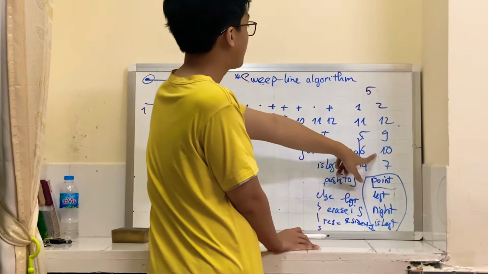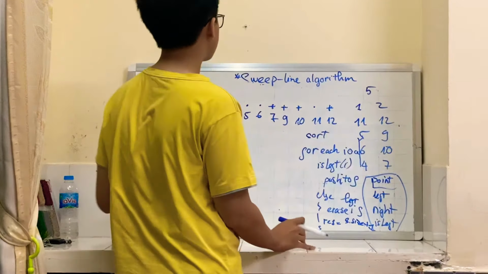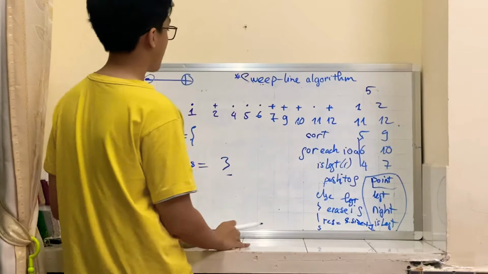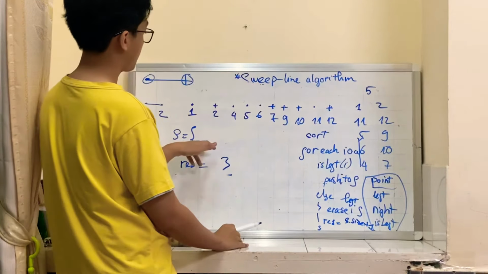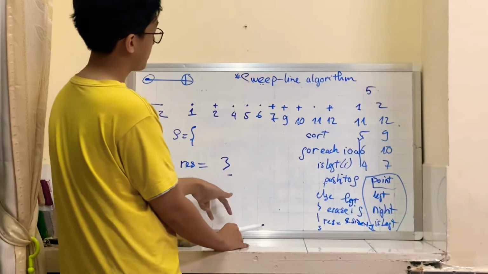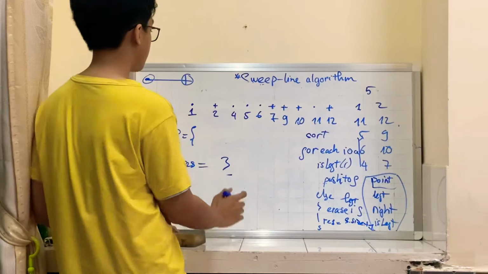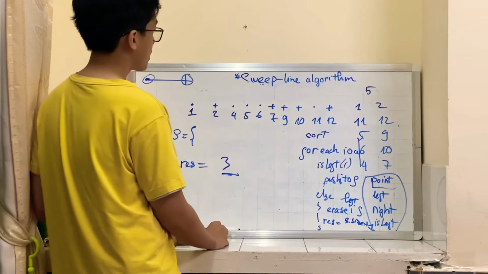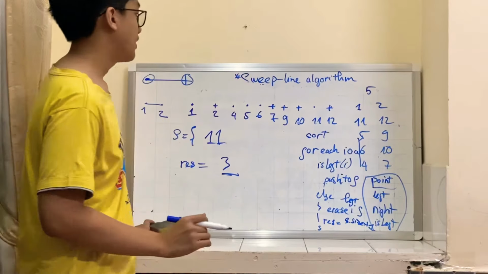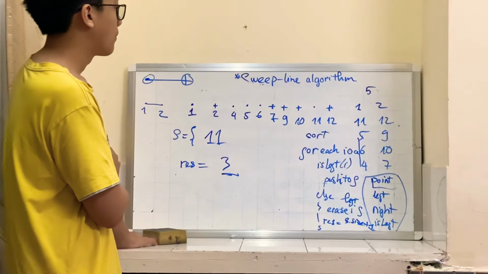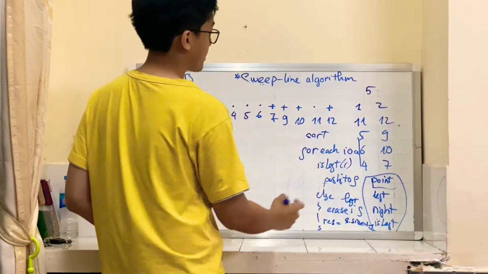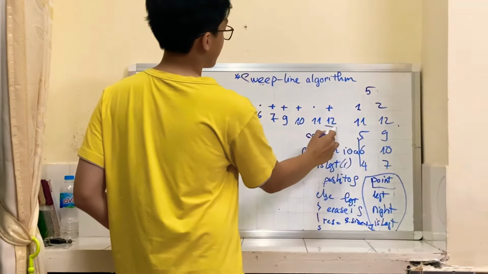Next is 10. We know the left of 10 is 6, so we erase 6. So the set size comes to 0. 0 plus 1 is 1, and maximizing 1 and 3 gives 3. Here we push 11 to the set, then we push 12 to the set and consider 12.